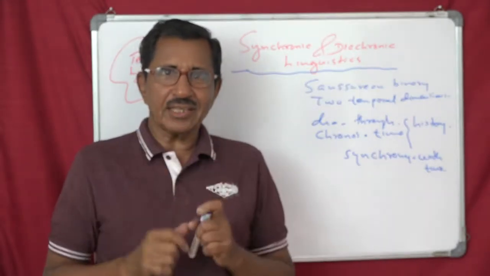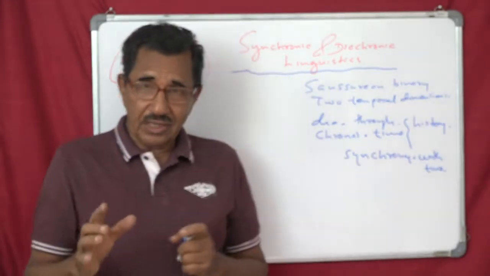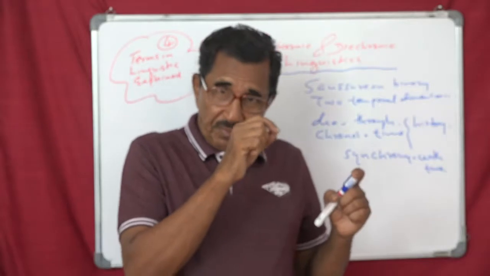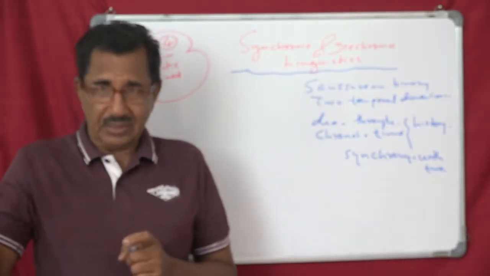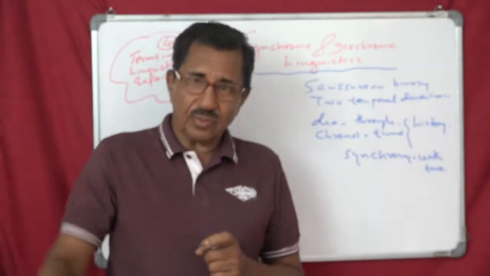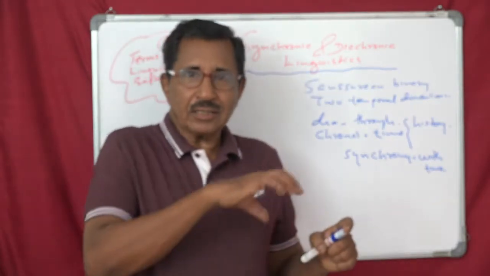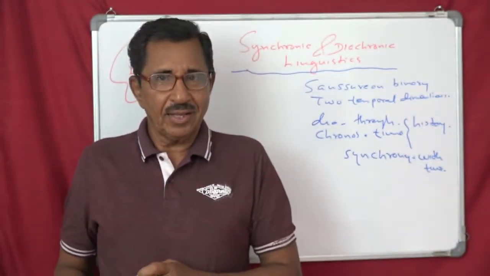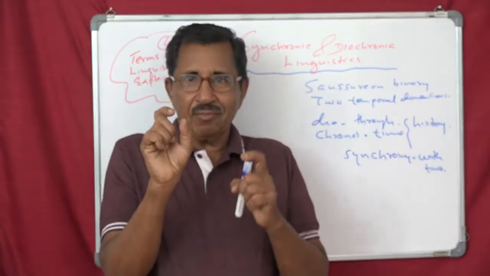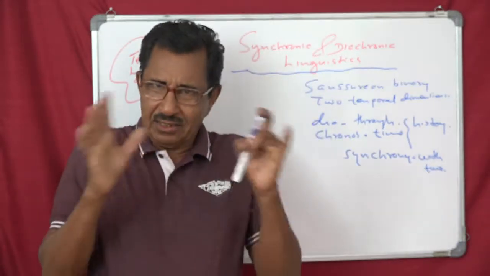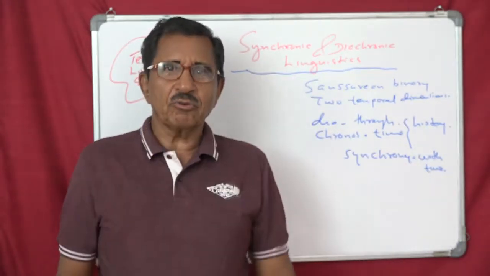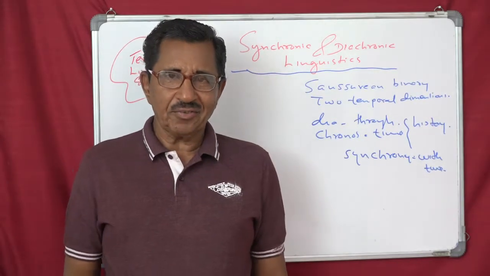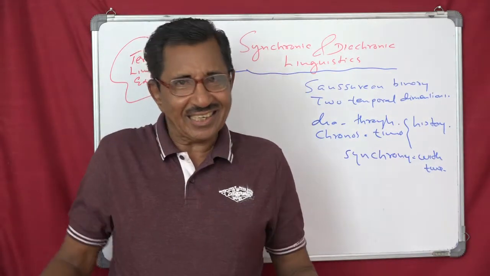If you study from frame number 1 to the thousandth or 2000, the last one, that will be a diachronic study of the film. But if you take only one frame, any frame for that matter, and then you study that, that will be a synchronic study of that film. Understand? As simple as that.